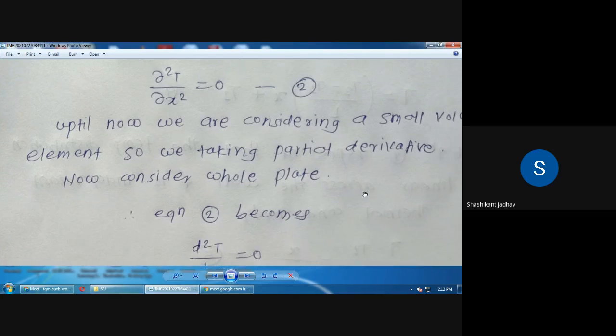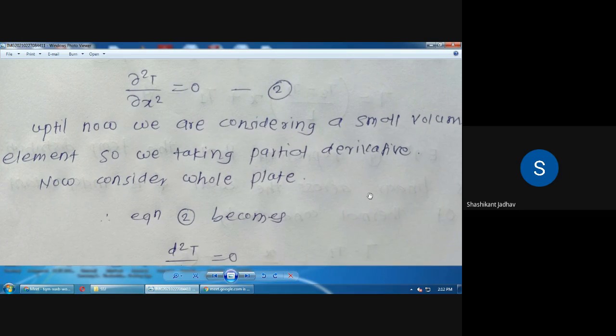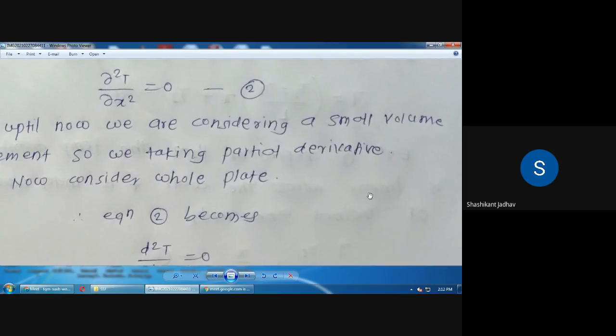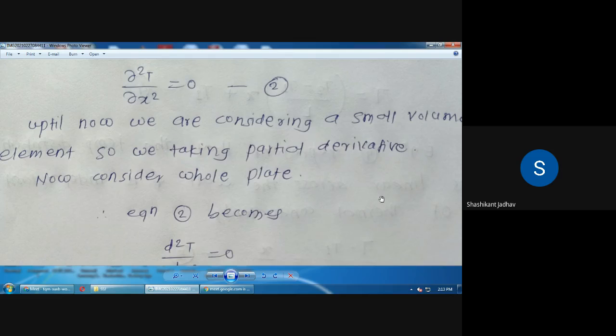Okay, then write down: up till now, we are considering a small volume element, so we are taking the partial derivative.